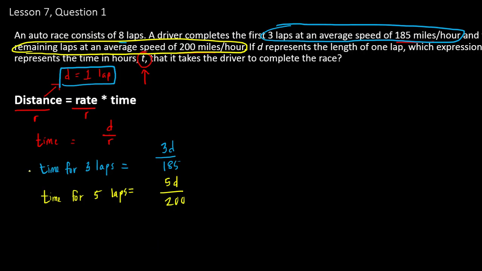So notice that I've now set up these 2 different pieces. These are 2 individual equations, one for the time that it would take for 3 laps, another the time for 5 laps. From here, you have to figure out a way to combine the information in front of you to figure out what the equation would look like for the total time for all 8 laps. So how will you use this to find the time for all 8?